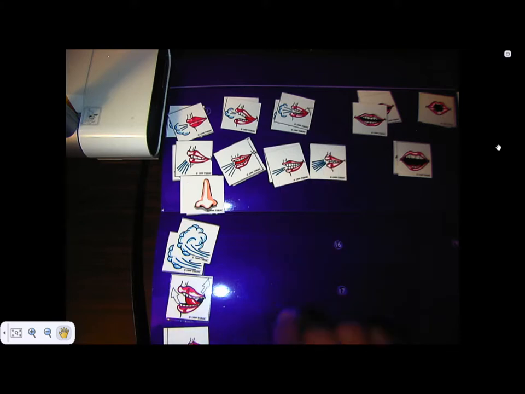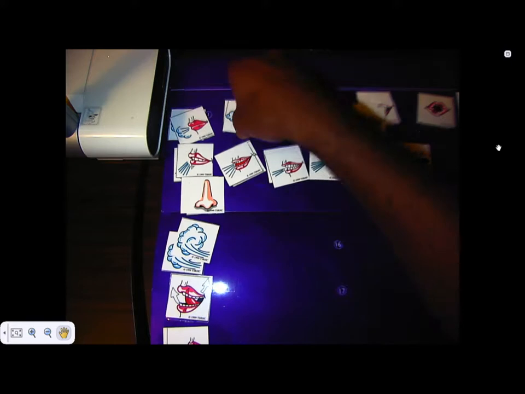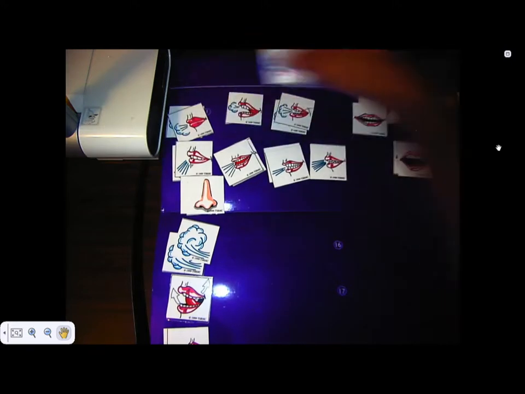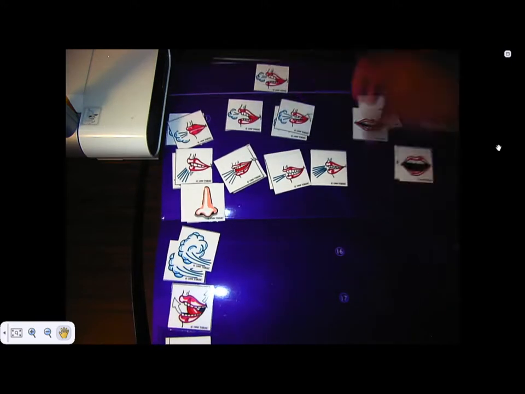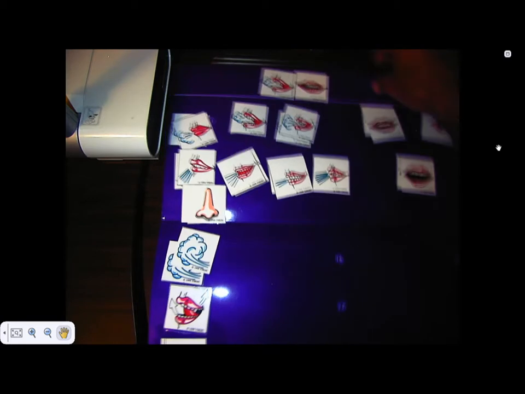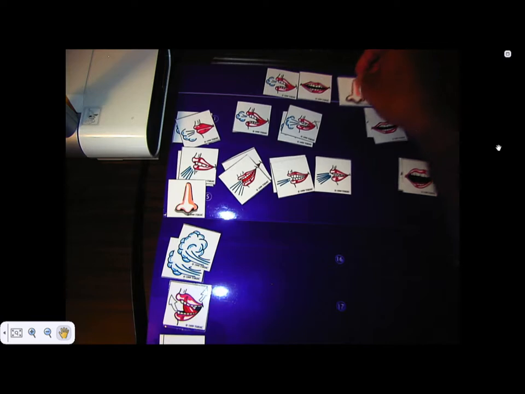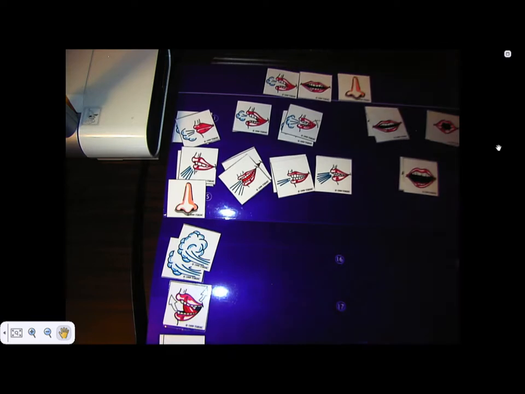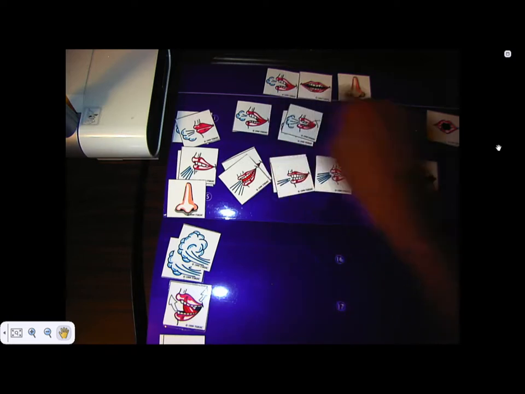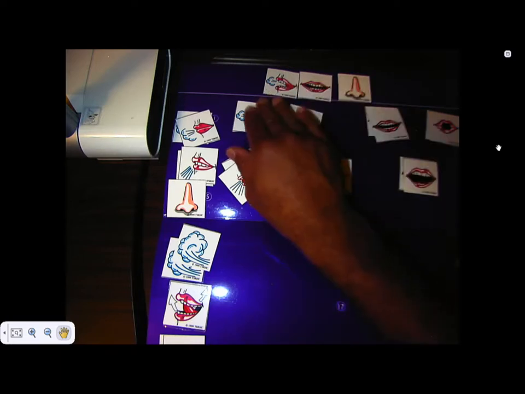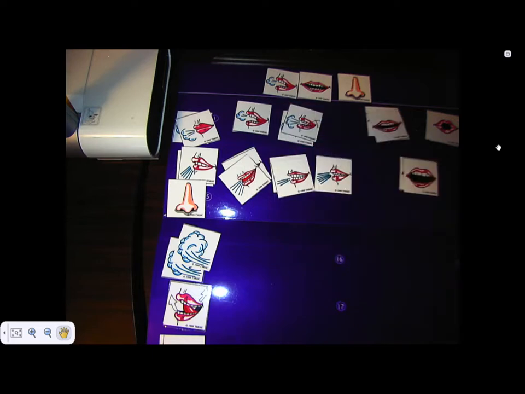Good. Now let's find the sound pictures, the cards. All right, that's what you should have. Tan. Now that you have t, a, n, tan, let's get nat.